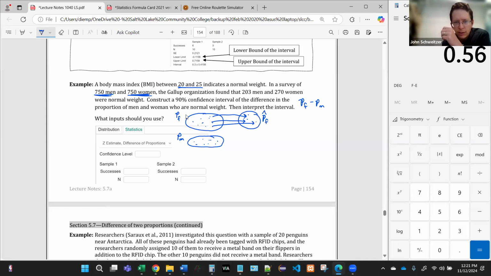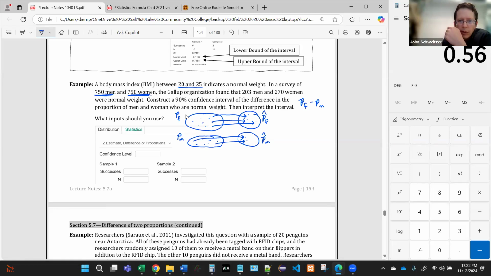We put a hat on it to distinguish it from PF, so it's PF and PF hat. Then we do the same for the males. We have a sample of males, and some proportion of them are of normal weight. That's PM hat.